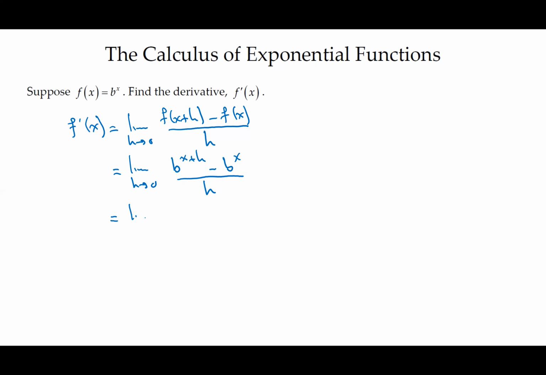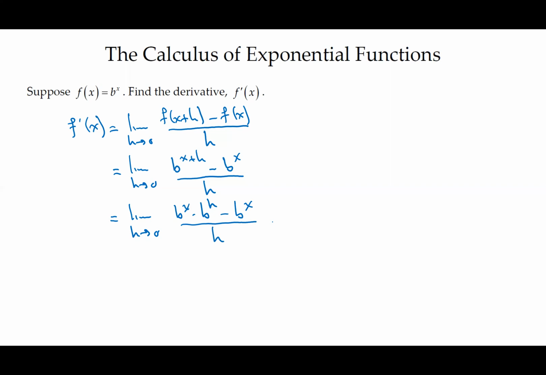And now I'm just going to do some algebra. So I've got b to the x times b to the h minus, sorry guys, having some writing issues here. We have b to the x times b to the h minus b to the x all over h.